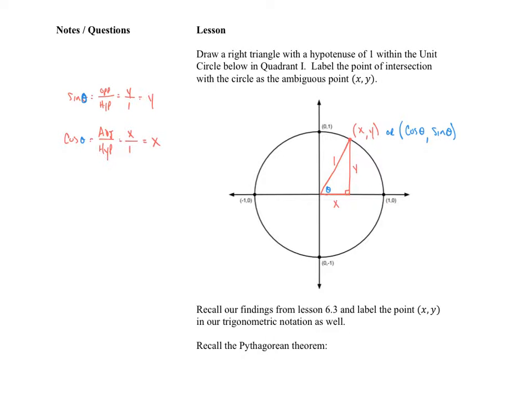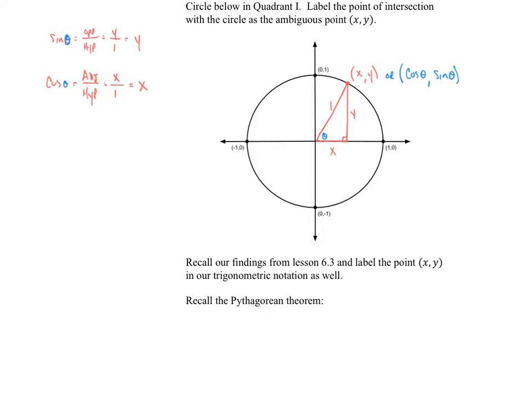So from there, we're going to recall the Pythagorean theorem, which says that if I have a right triangle, then if I take my shortest leg and I square it, and then I add it to my longer leg squared, that will be equivalent to the hypotenuse squared.